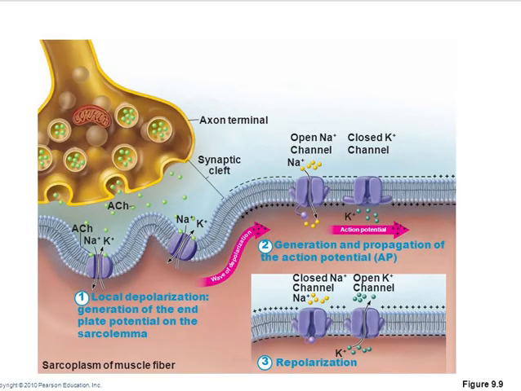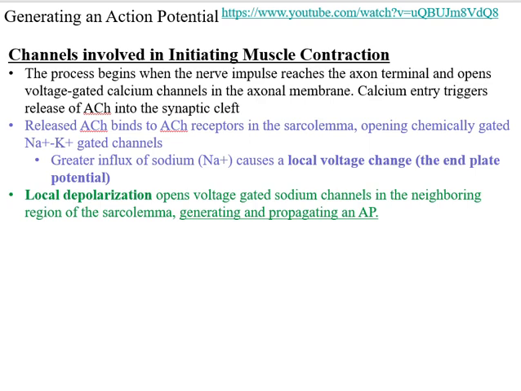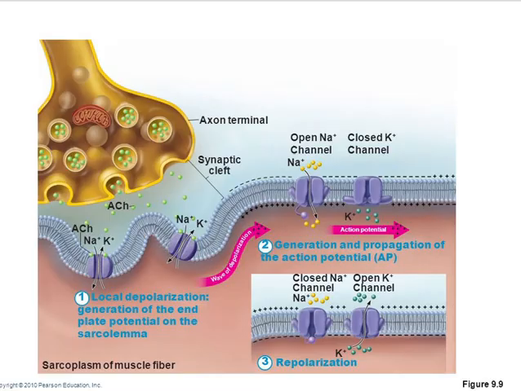That local depolarization is the generation of the action potential in the sarcolemma. That local depolarization then opens downstream or further voltage-gated sodium channels that are in the next part of the sarcolemma. That's the beginning of not only generating, but allowing for travel or propagation of the action potential we've now got in the muscle cell.